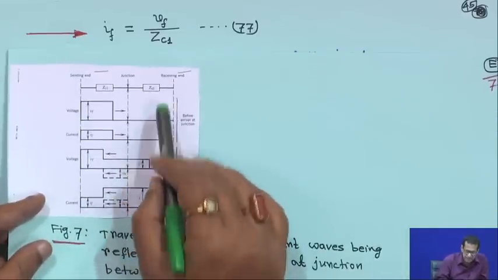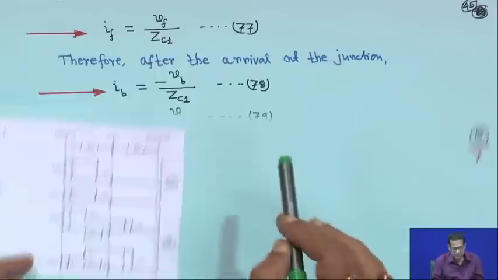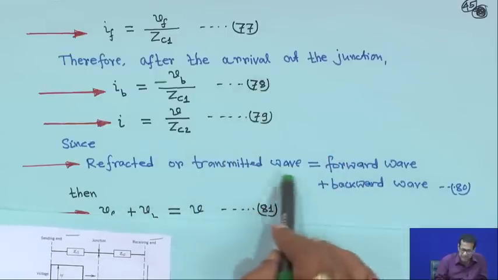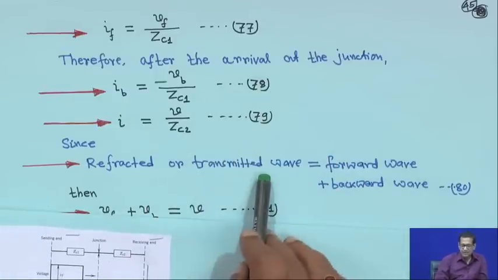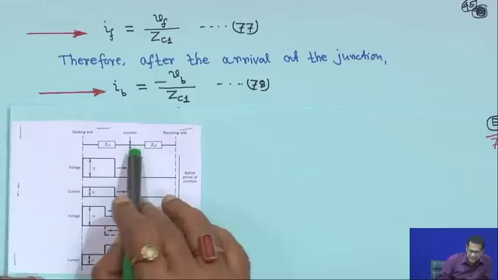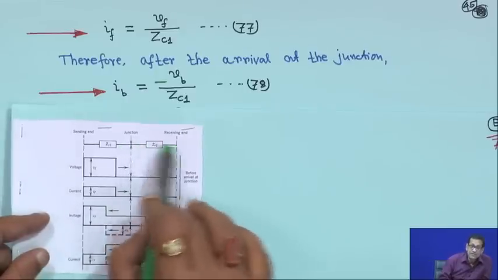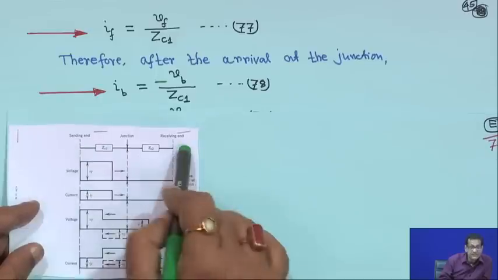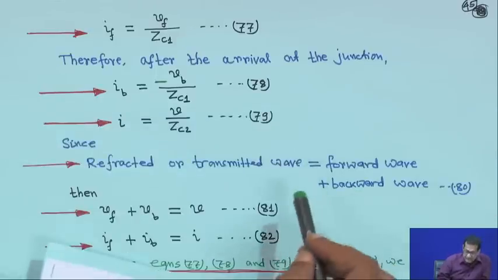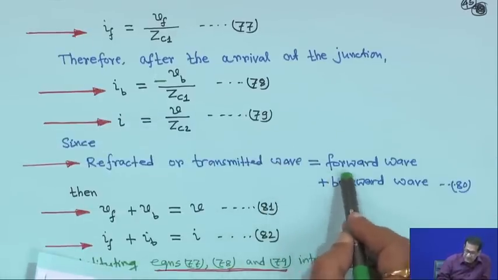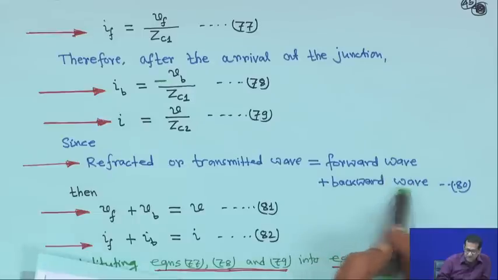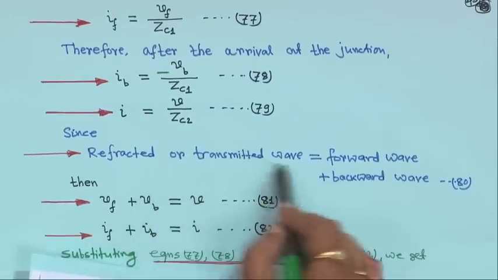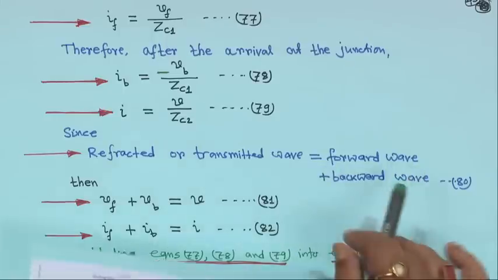So, the question is that, since it is a junction, the refracted or transmitted wave will move to the other side also, if it is moving from the left side to the right hand side. So, in that case it is equal to forward wave plus backward wave. I mean the refracted wave, forget about transmitted, same thing, the refracted wave is equal to forward wave plus backward wave.